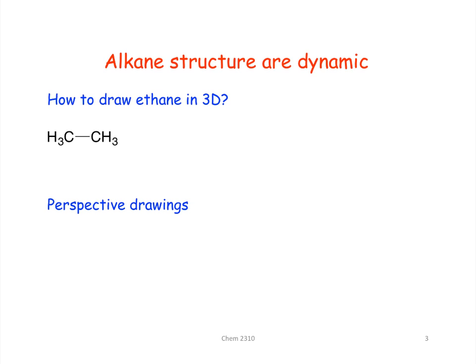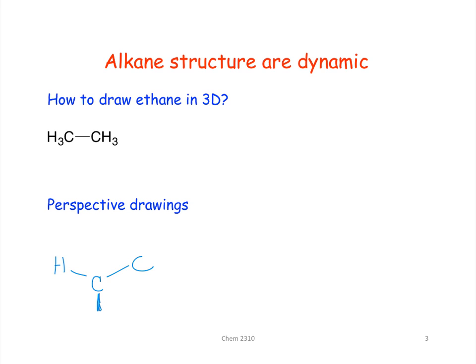So let's just draw a structure of ethane. I'm going to slant this carbon-carbon bond up like this in the middle. And I'm going to add a hydrogen here, so these two with just straight lines would be within the plane of the paper.